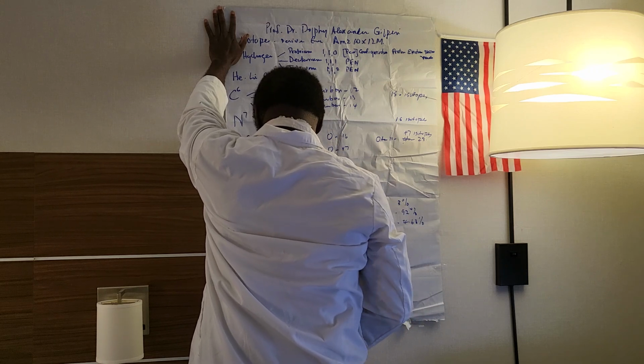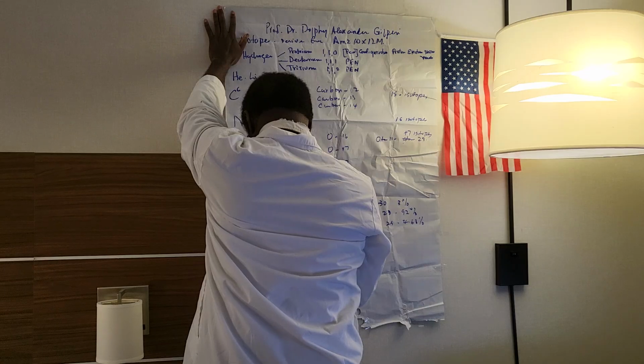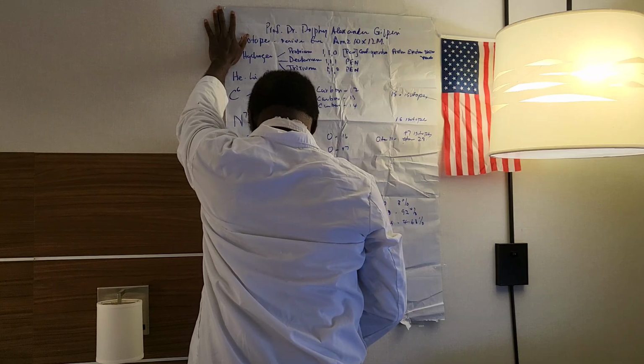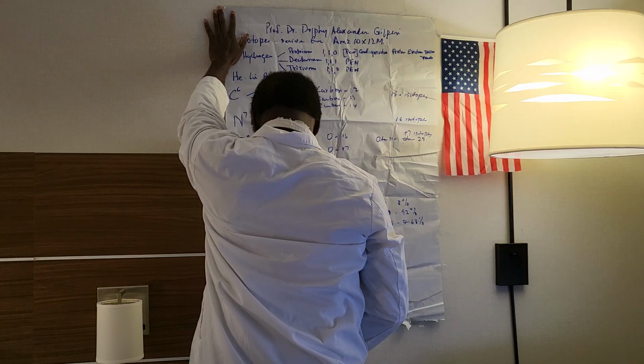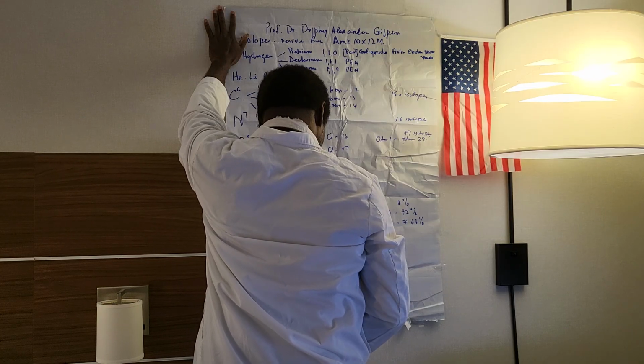15 phosphorus. Looking at phosphorus here. 16 sulfur, 17 chlorine, 18 argon, 19 potassium, and 20 calcium. All right.